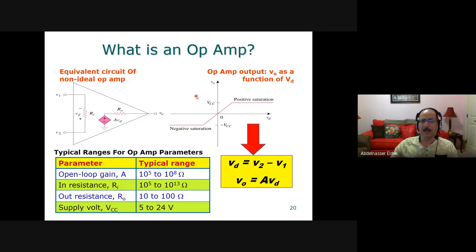In general, this is how it looks from inside the operational amplifier. It has an input resistance and an output resistance. Ideally, the input resistance is infinity and the output resistance is 0. But of course, this is not the case. When we solve the problems in this chapter, we assume that the input resistance is infinity and the output is 0.